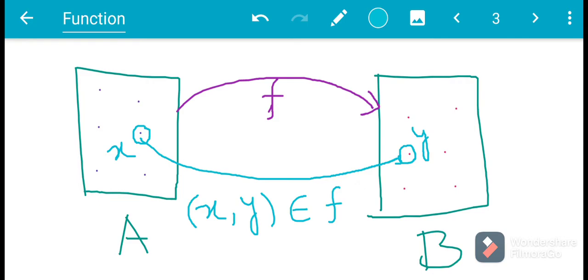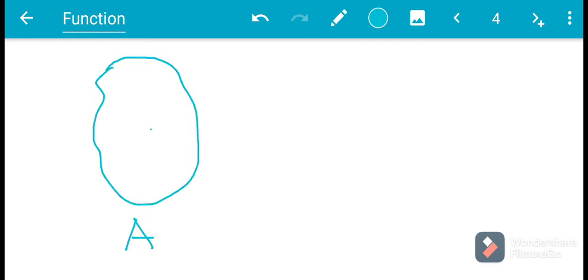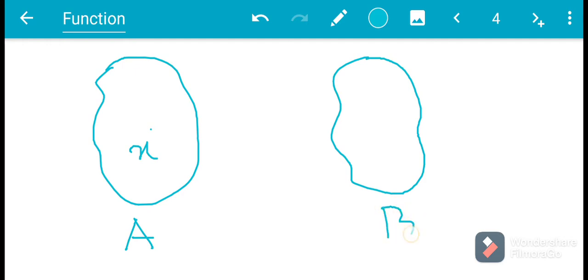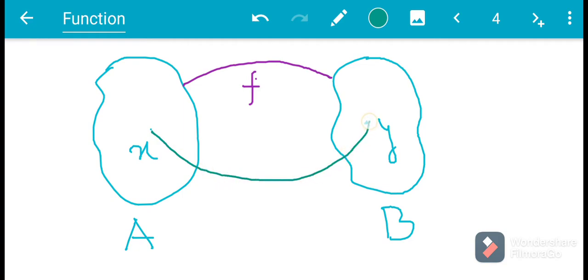Now the question is, if I have a set A, x is a point in it, and if I have another set B containing a point y, and I have a function from A to B, and that function takes x to y, it means y is equal to the quantity f of x, because a function can give any form.